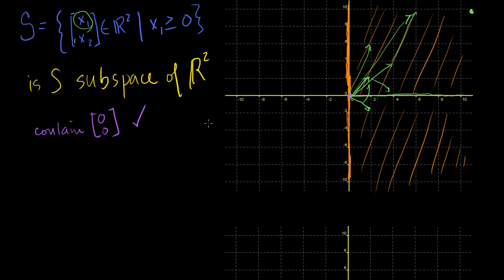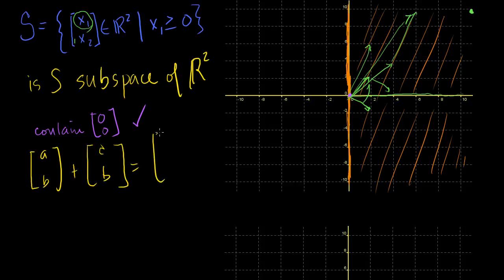And if I did it formally, let's say that I have two vectors that are members of our set. So let's say the first one is (A, B), and I add it to (C, D). What do I get? I get (A plus C, B plus D). So A plus C is going to be greater than 0, since A and C are each greater than 0.